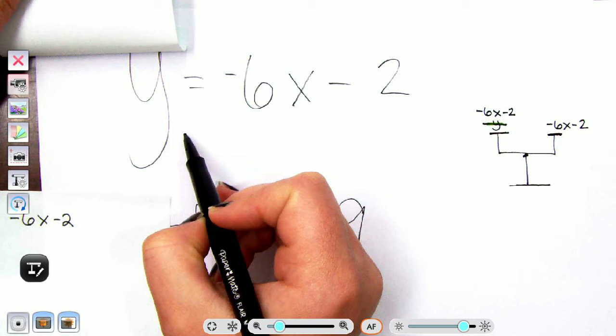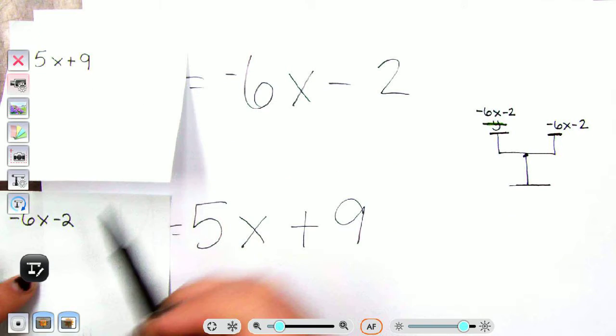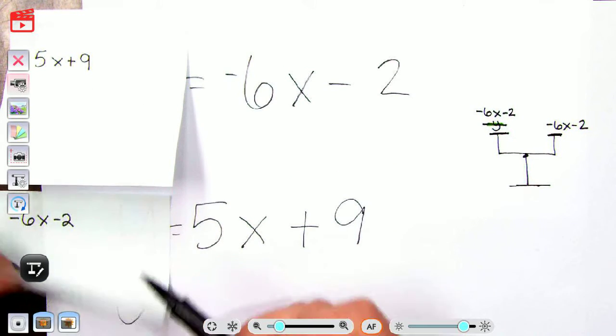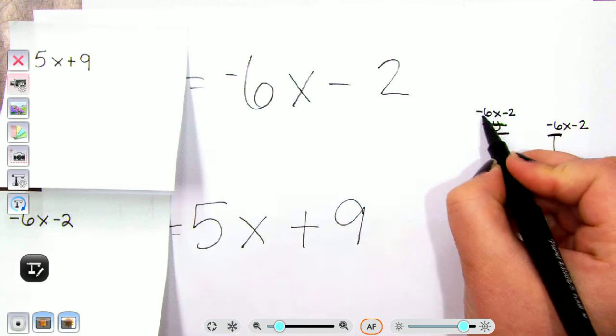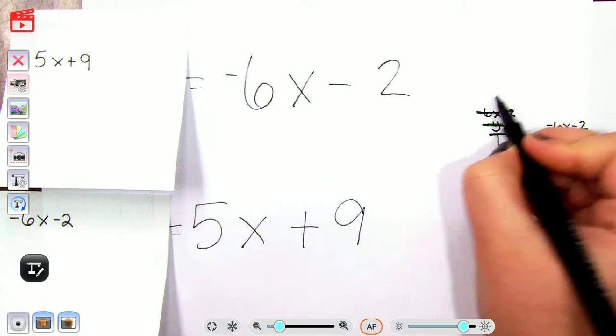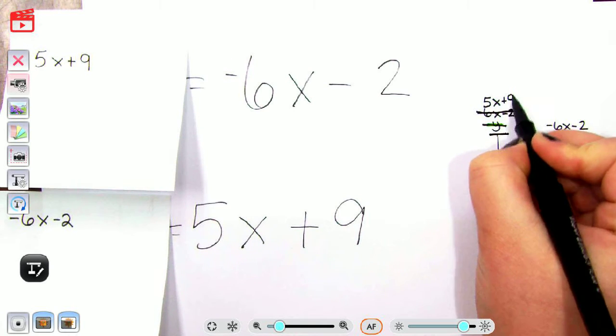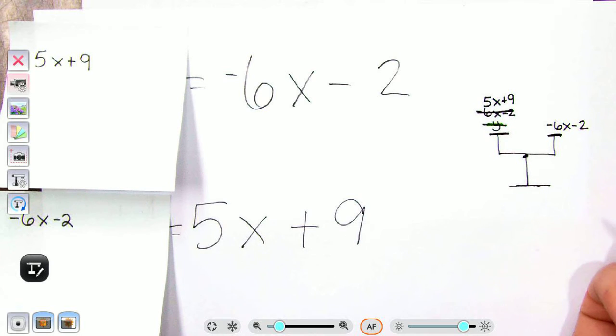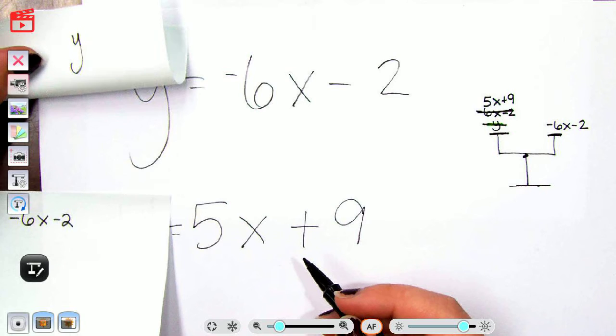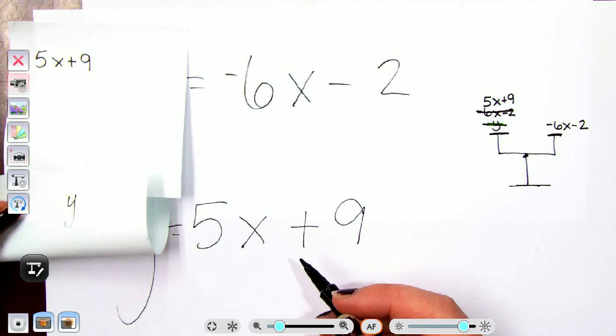Do I have y underneath here? I do. Negative 6x minus 2 is y. Do I have y underneath here? I do. So instead of writing negative 6x minus 2, I can write 5x plus 9, and this balance will still be balanced. These two things are equal because this is y and this is y.